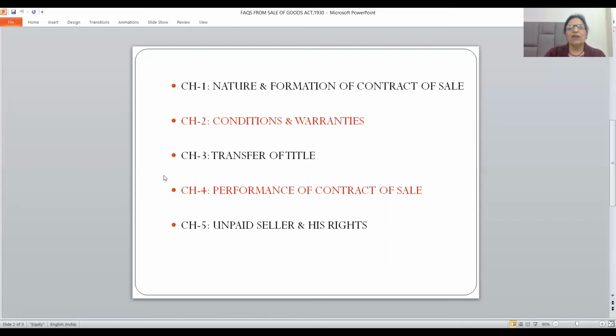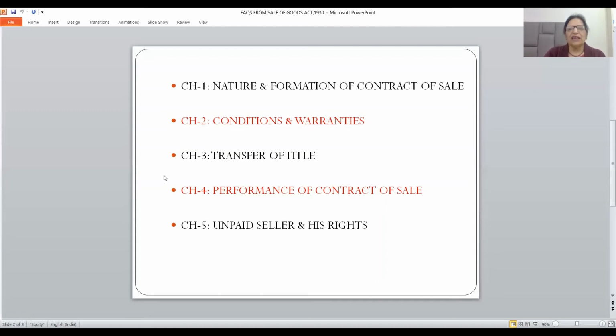And then the rule of caveat emptor. Explain the rule of caveat emptor and state the exceptions to this rule. This also is an important question which has been asked in the examination from this chapter. Let the buyer beware. Caveat emptor is made up of 2 words, caveat and emptor.